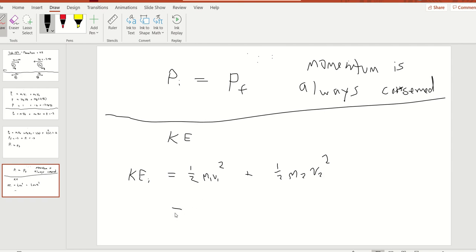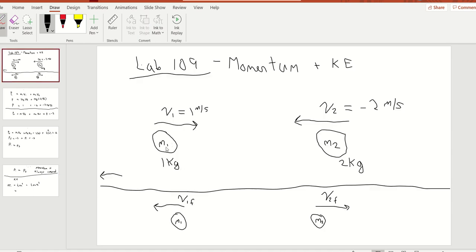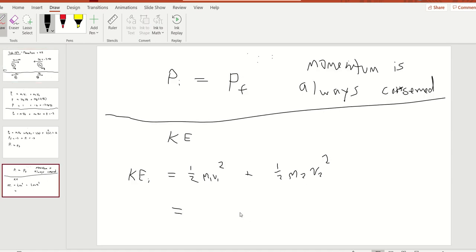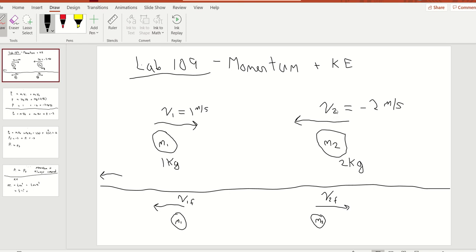So for our example, initially, m1 is 1 kilogram and its speed is 1 meter per second. So the kinetic energy then is going to be 1/2 times 1 times 1 squared plus, over here, initially, before the collision, m2 is 2 kilograms, then speed is -2.